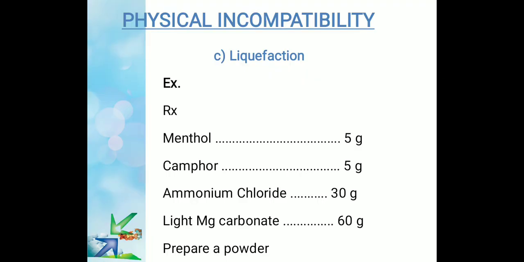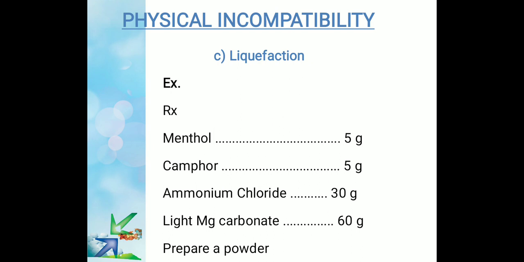For example, if a prescription containing menthol, camphor, ammonium chloride and light magnesium carbonate are combined together so as to prepare a powder. Now in this prescription, as we discussed, menthol, camphor and ammonium chloride are examples of eutectic mixture. If we combine them together, it will result in a liquid, but we have to submit here the powder.